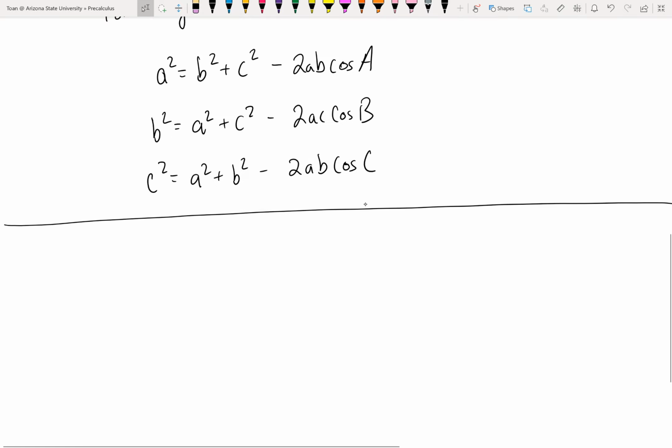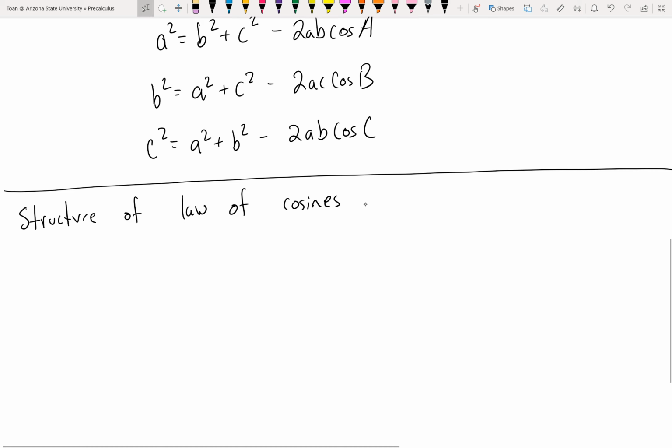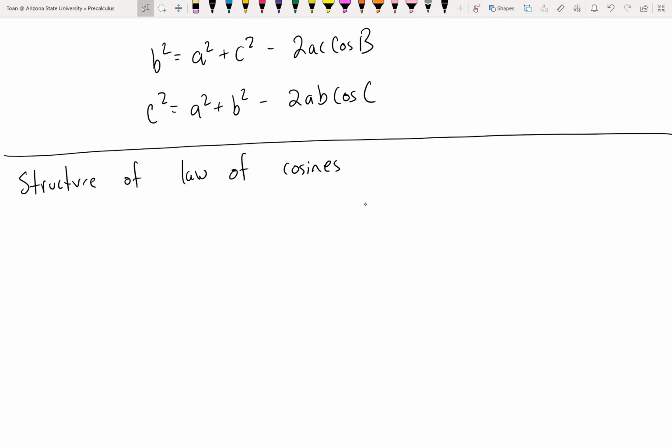I'd like to look at the third one because it's the most familiar to us, because the first half is Pythagoras' theorem. As a matter of fact, the law of cosines is a generalization of Pythagoras' theorem. If you understand the structure, it's a lot easier to remember.